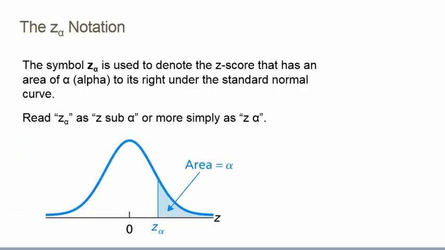When I see the notation of Z sub alpha, I have my standard normal curve, I have Z sub alpha on my horizontal axis, a line drawn from that axis to the curve, and the area alpha is the area shaded to the right of my z-score. So when I see the notation, they are giving me the area to the right of z.